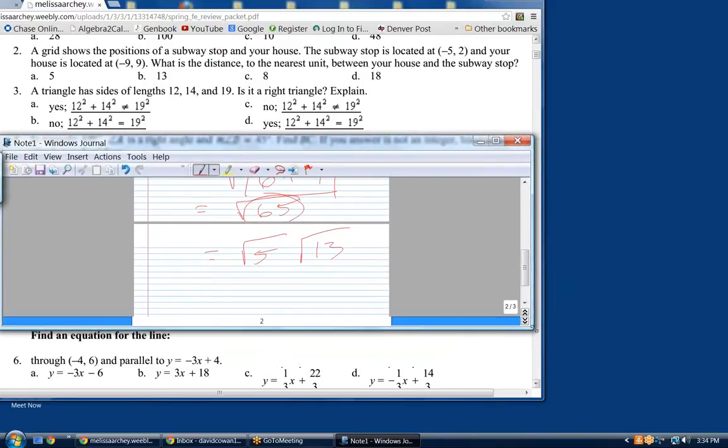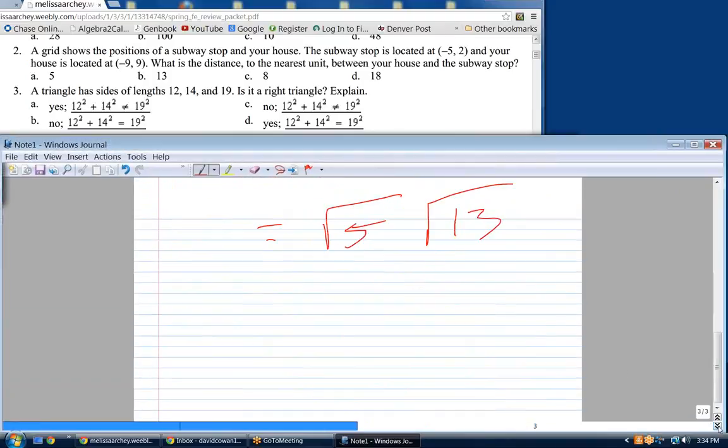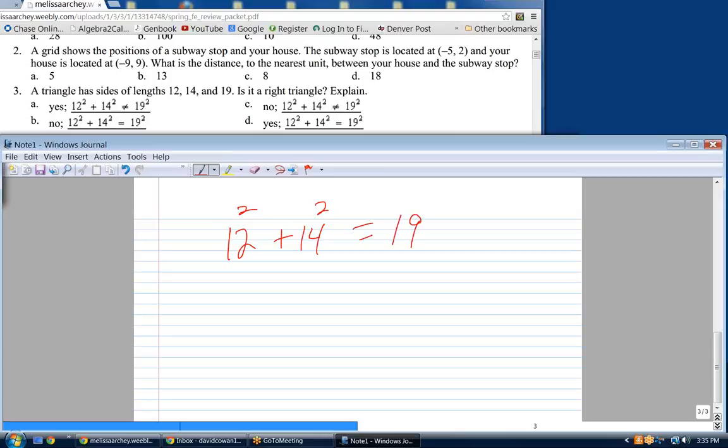You have a calculator handy? I do, yeah. How are we going to tell whether that's a right triangle? You just do 12 squared plus 14 squared, and then do the square root of that and see if it comes to 19 squared. Well, not quite. What you want to know is, is 12 squared plus 14 squared equal to 19 squared?